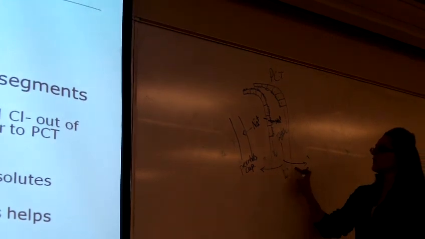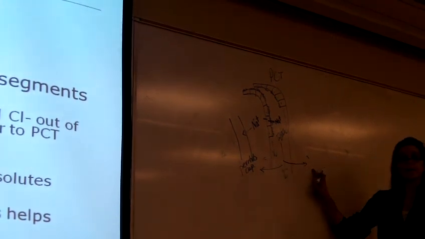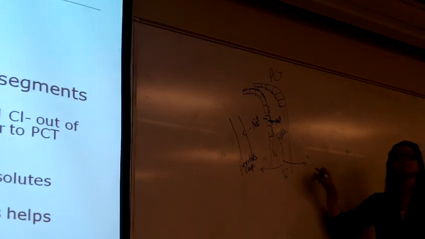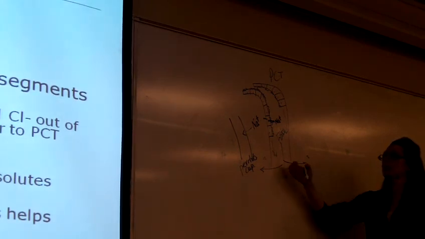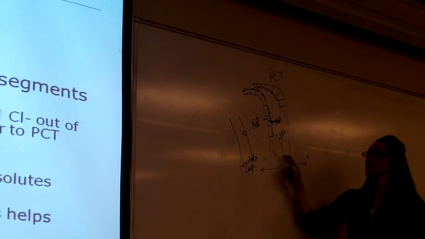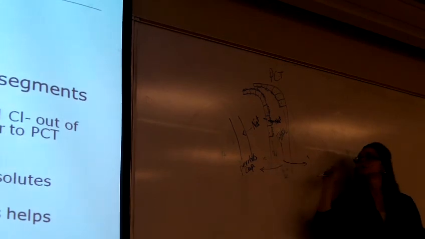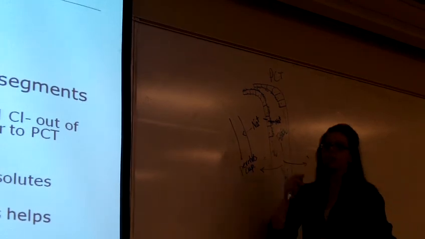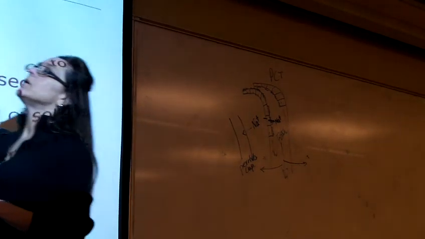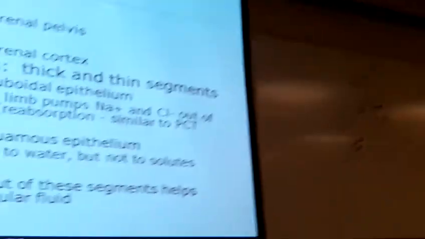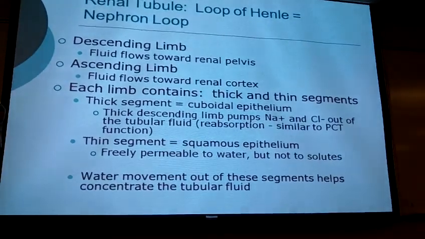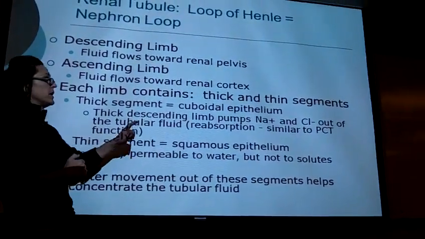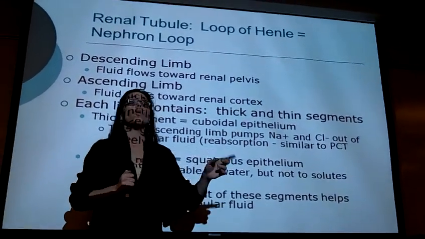So if we want water to come out here, the osmotic concentration out here has to be high. And that will then cause water to move from a high water concentration to a lower water concentration. And we'll talk about that more. But that's what's going to be going on at the loop of Henle. We're going to be reabsorbing sodium, chloride, and water.